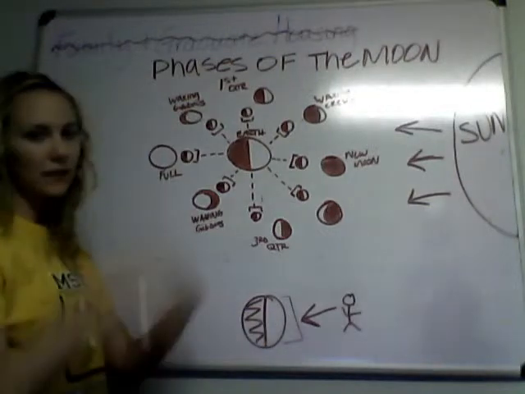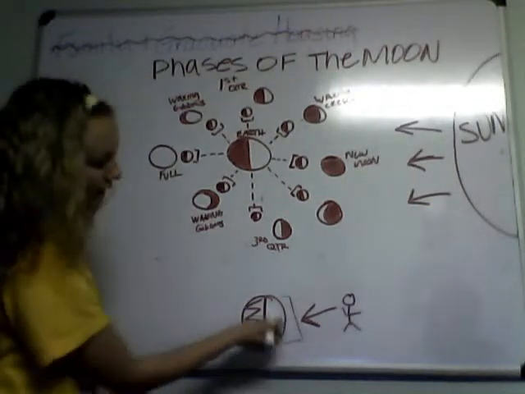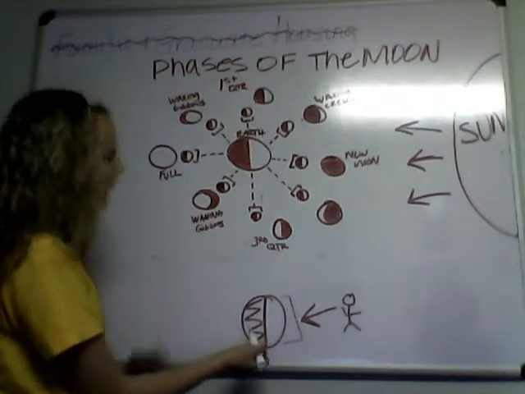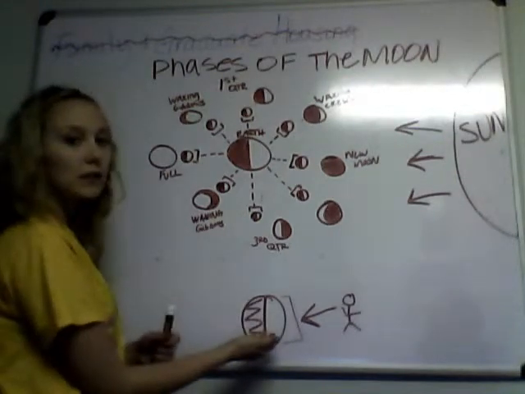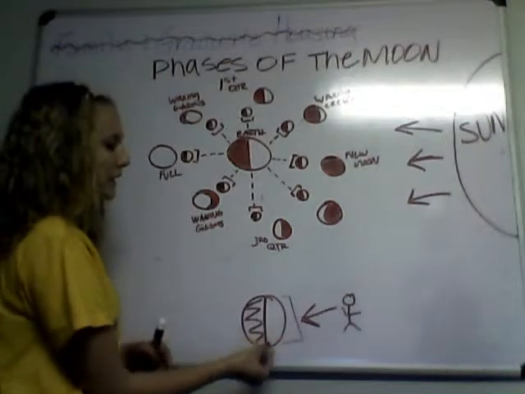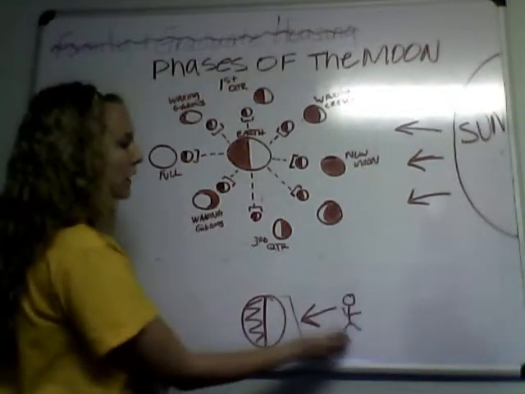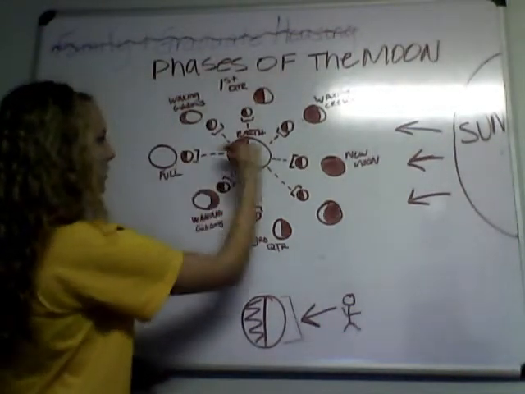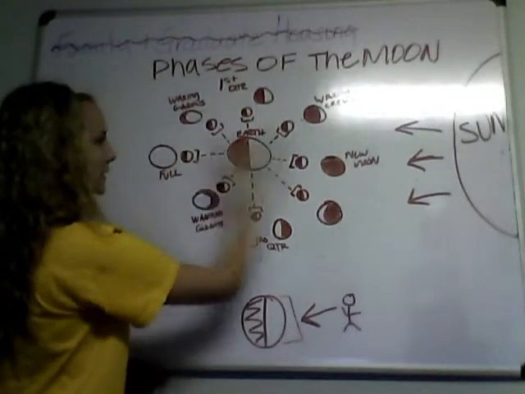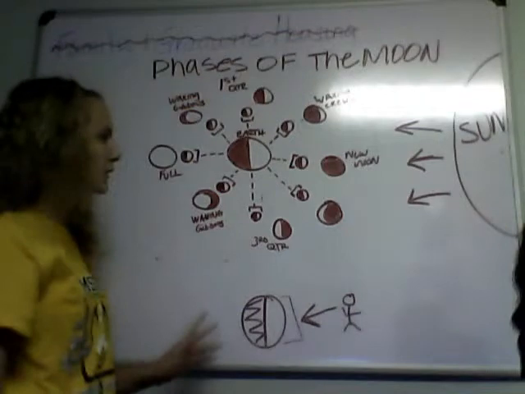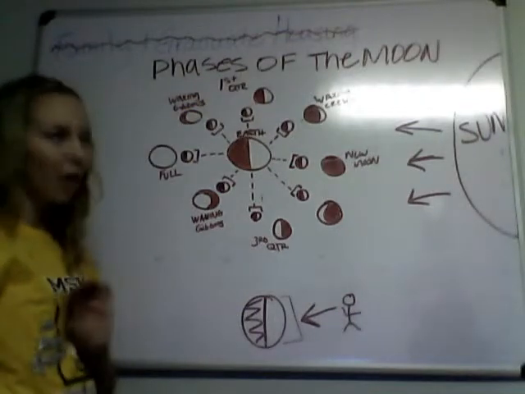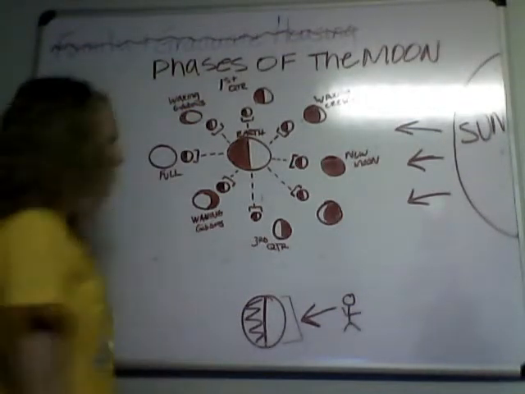So it looks like you're seeing the entire moon, but obviously it's a sphere, so you're not seeing the other half. That explains why it appears to be a full moon, because of the direction you're facing it. Since you're directly this way and the sunlight is also going this way, you see everything lit up, and there should not be any dark spots.